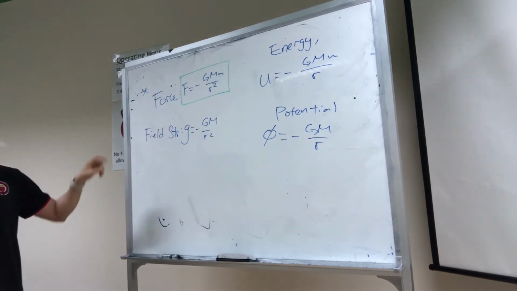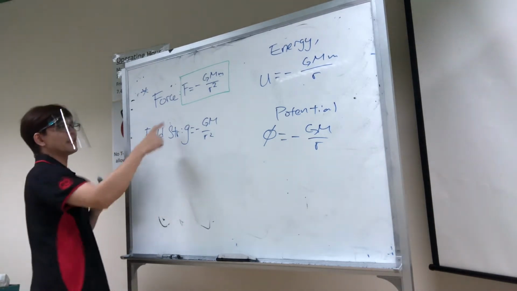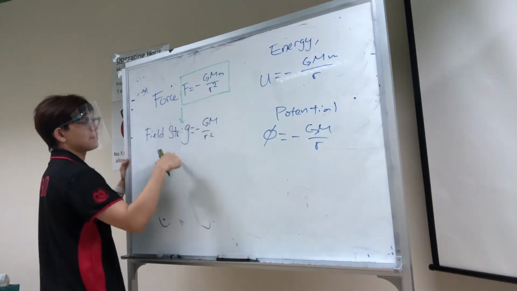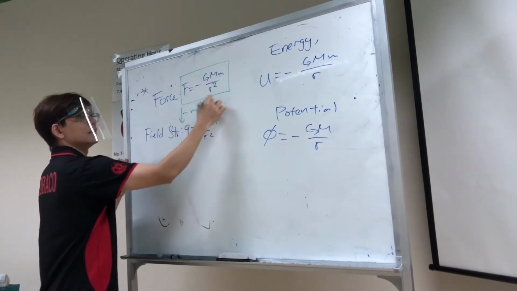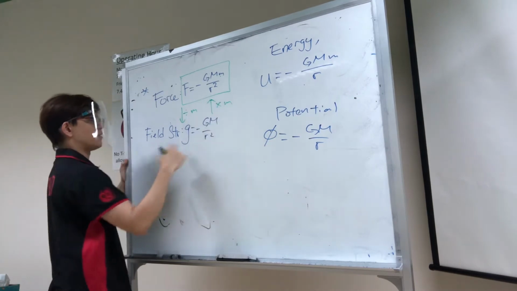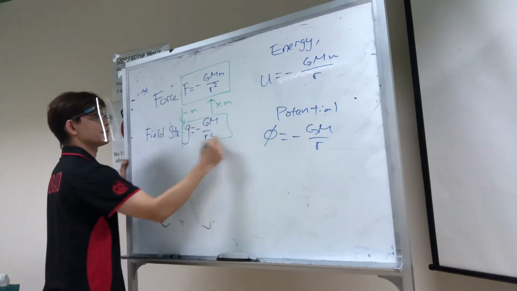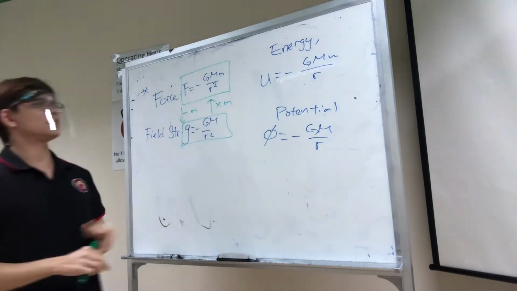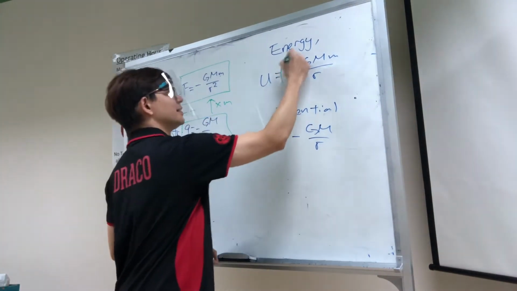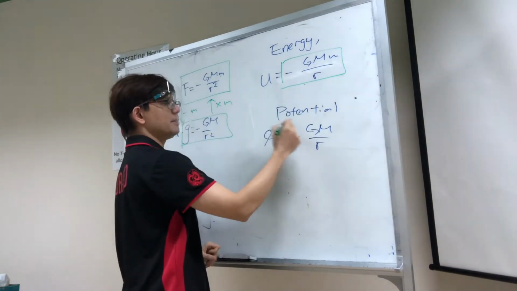From force, we can divide by mass to get field strength. We can also talk about gravitational potential energy and potential.